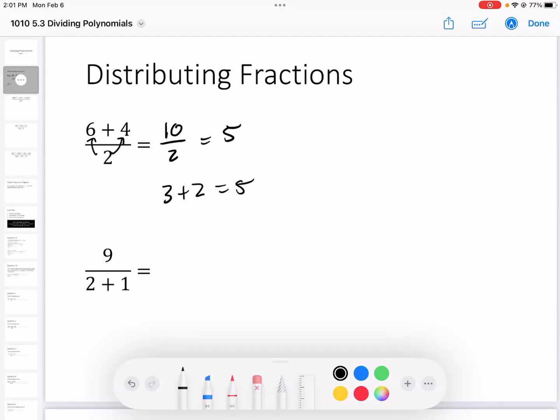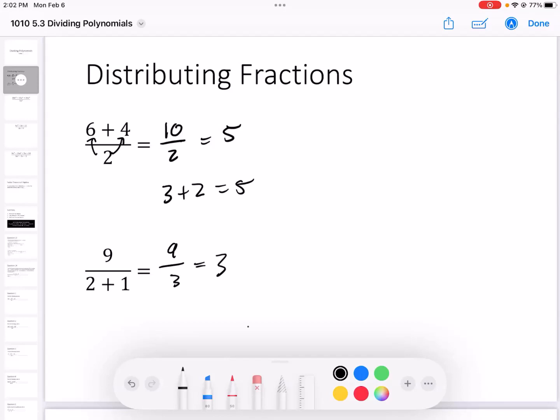So if you have something divided by 2 terms, you can't distribute this to both of these terms. Because if we were to simplify this just by simplifying the bottom, 2 plus 1 is 3, and 9 divided by 3 equals 3.